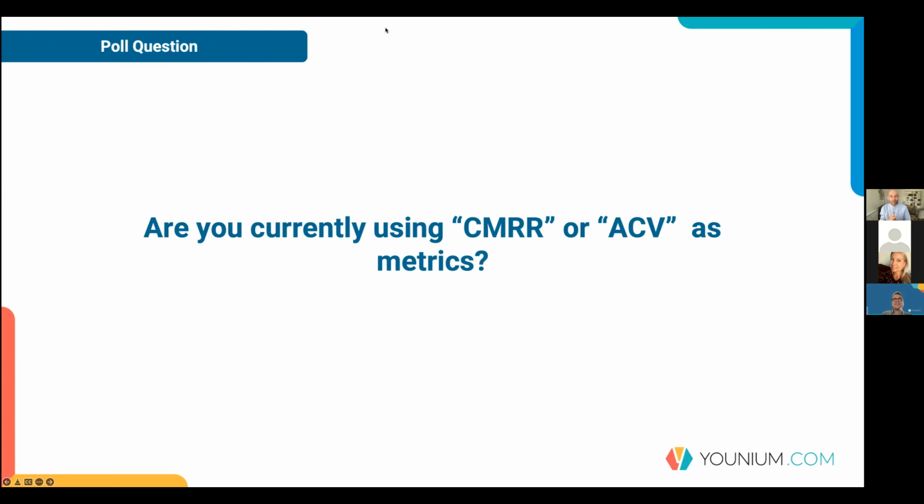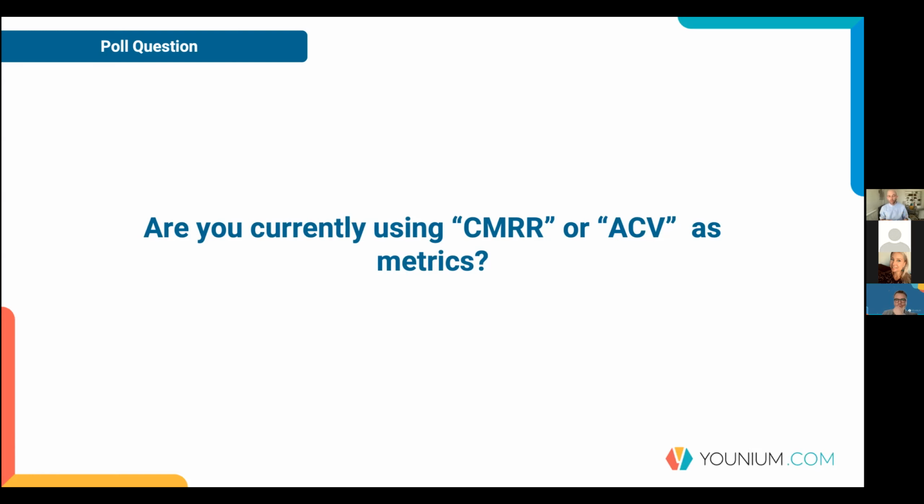Yeah, we have a poll, and it's really interesting to see those gap reasons and how complex the B2B scenarios can be, and how important it is to track them. So let's go into the Q&A part, as Eric mentioned. Here we would like to ask you, are you currently using CMRR or ACV as your metrics?